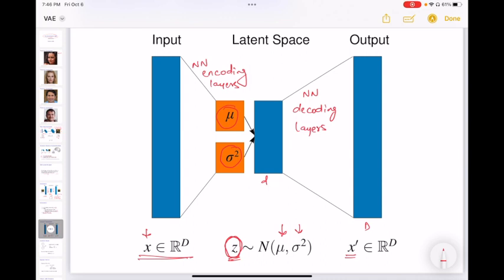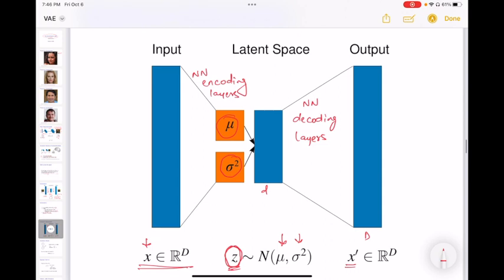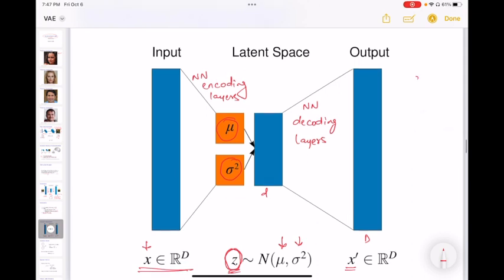Right? So if I draw the graphical representation of this model, here you'll see that the latent code Z informs X, which is also conditioned on the parameters theta.